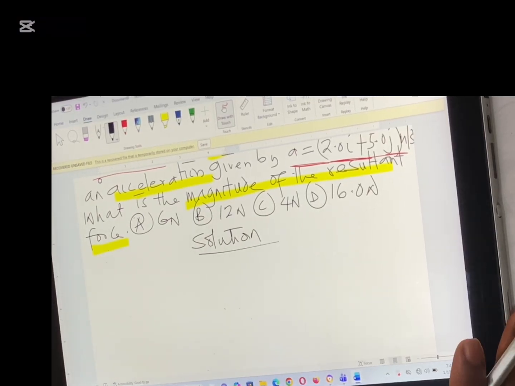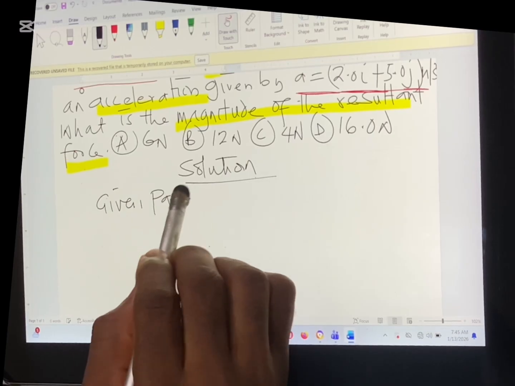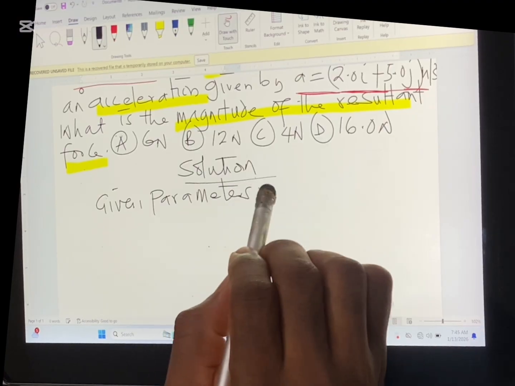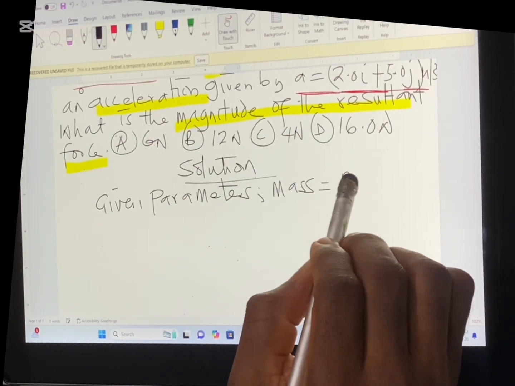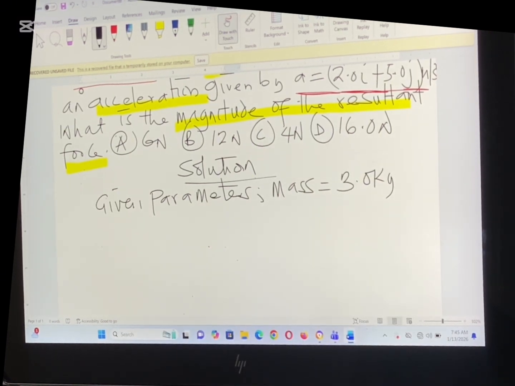All right. Class, we are given the parameters. The mass is 3.0 kg, which is the same as 3.